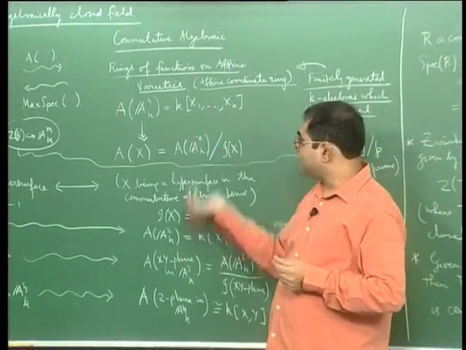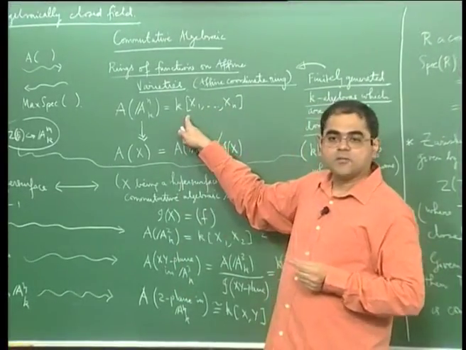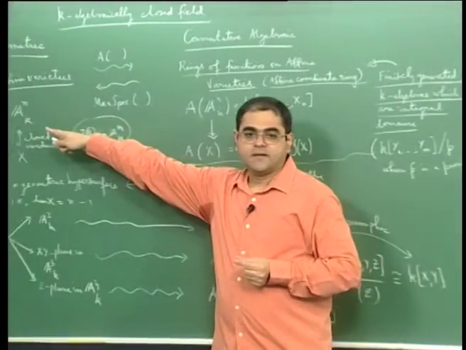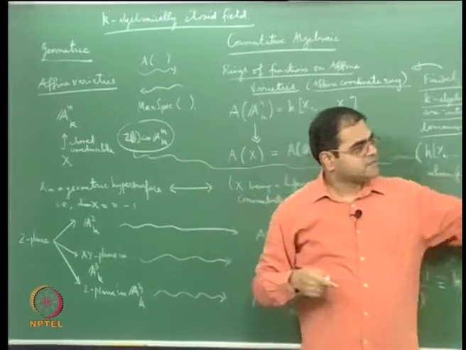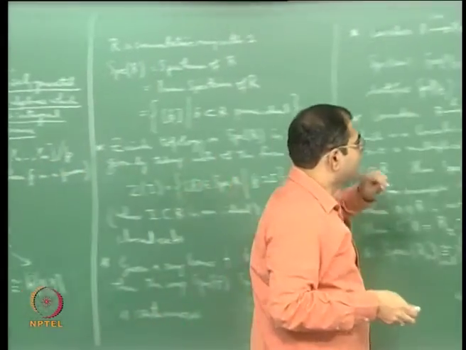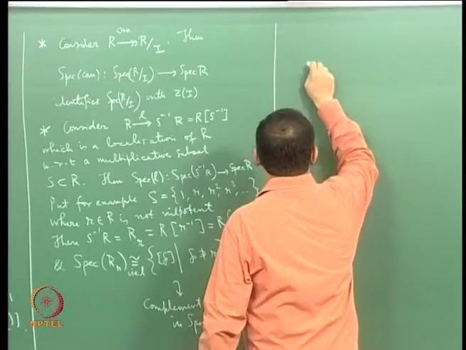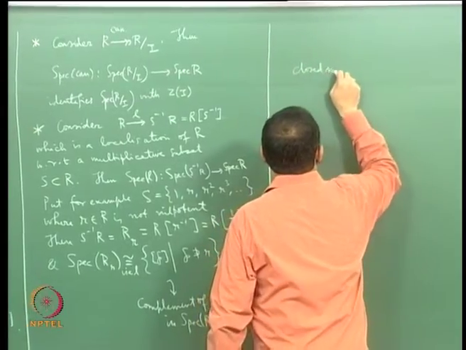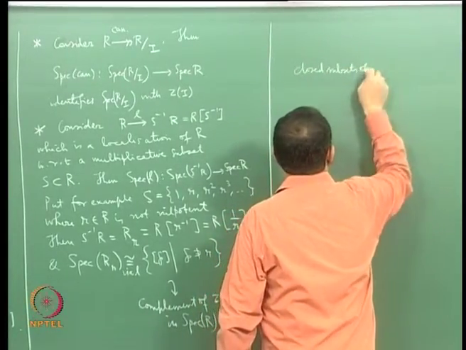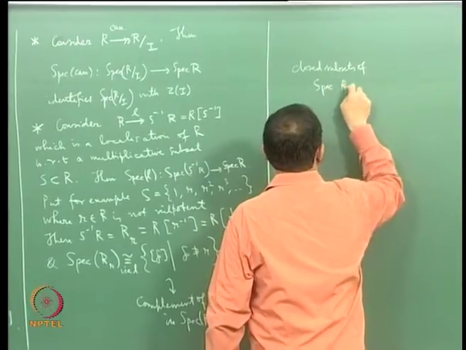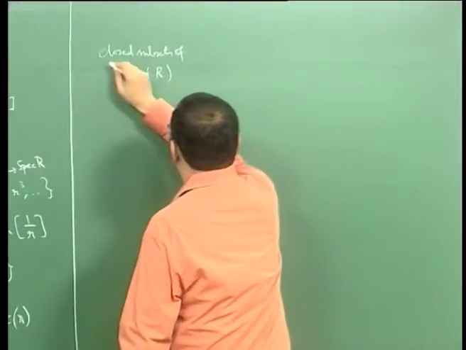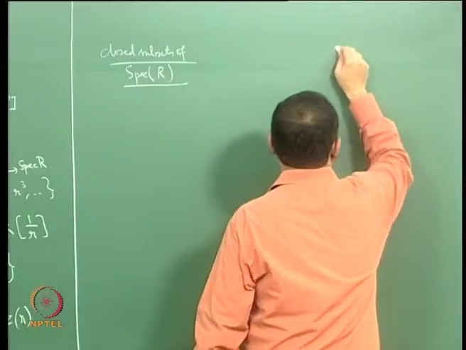On this side we put radical ideals inside the polynomial ring in as many variables as the dimension of the affine space we started with, and there is a similar thing going on here. So what you can do is put closed subsets of spec R on this side, and on that side you can put ideals.